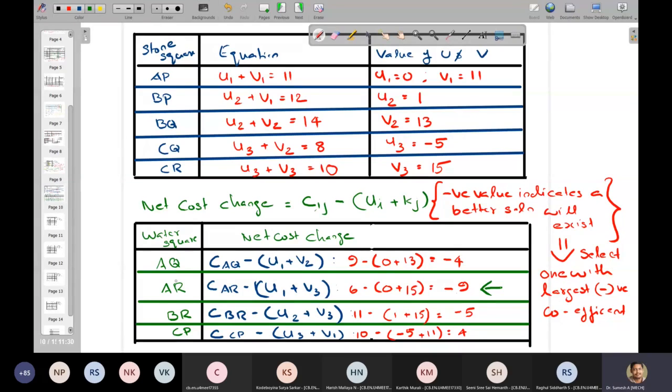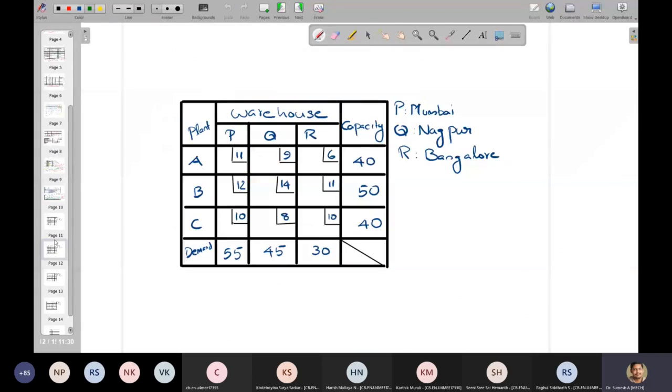Now how to solve? We had this same table, no modification, so I just add the initial solution here. That was 40 here, 15 here, 35 here, 10 here, and 30 here.